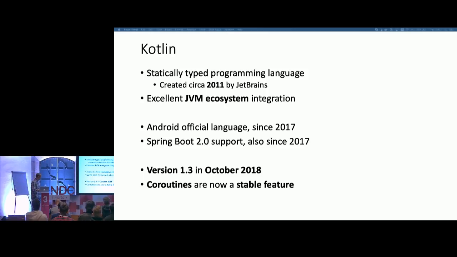It's an Android official language since 2017. That means that, for instance, Google documentation typically also produces examples in Kotlin, and Kotlin is well supported on Android Studio. On the server side, it also has official support for Spring Boot, starting with 2.0 in 2017.